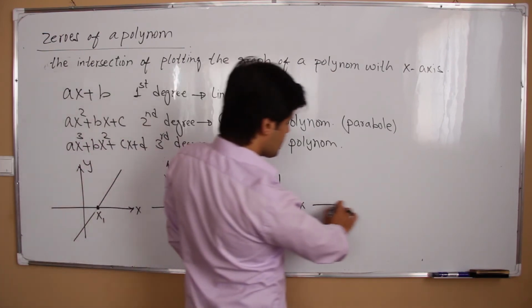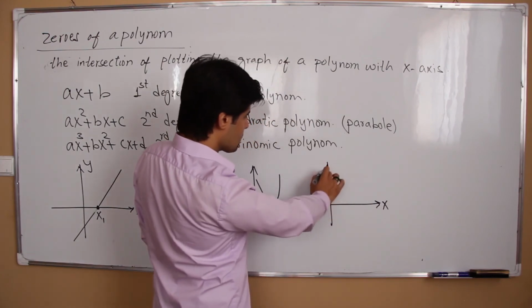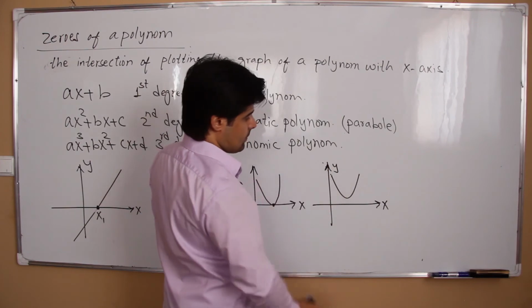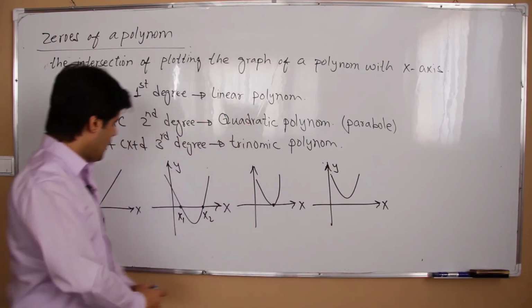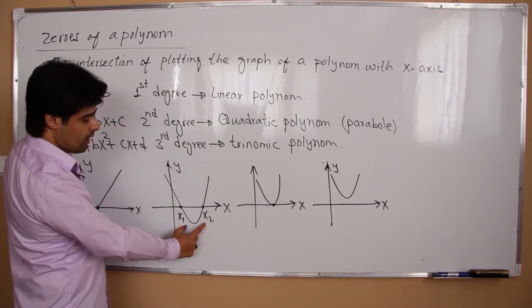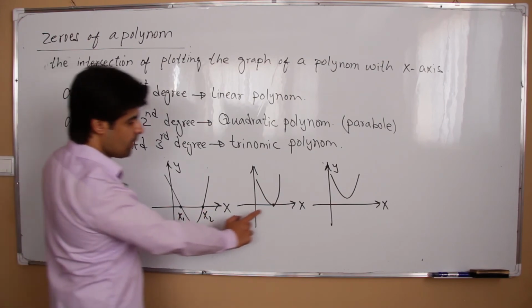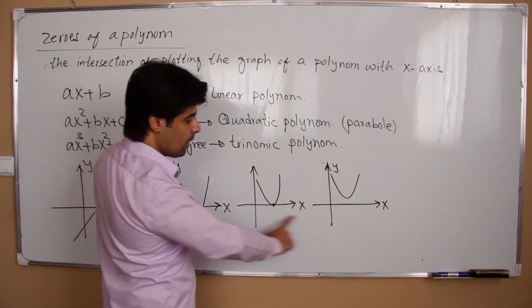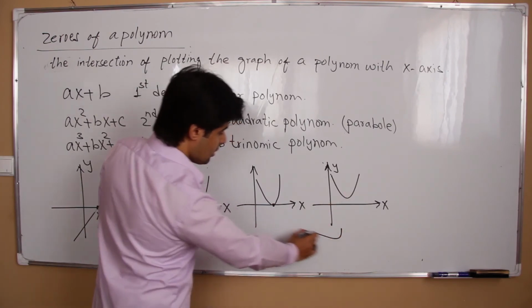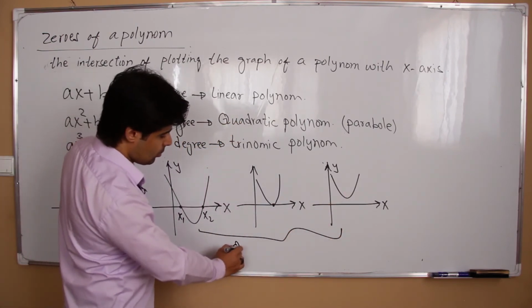And sometimes it has no intersection, like this one. Do not count the y-axis, just the x-axis. How many intersections do we have in here? We have two. In here? We have one. And in here? It has no intersection. These three graphs are called quadratic polynomial.